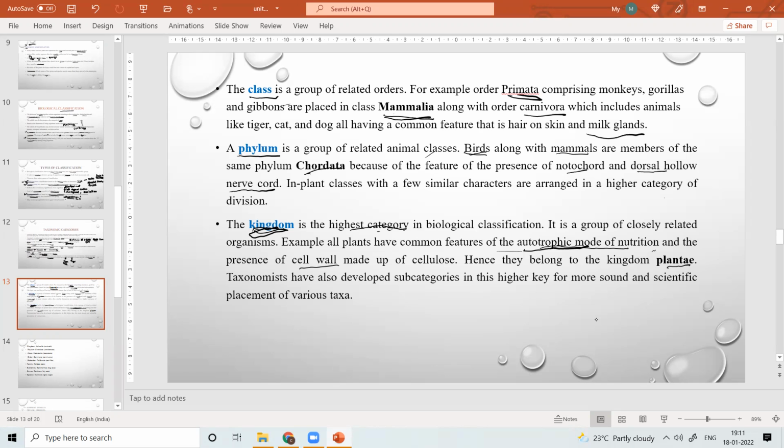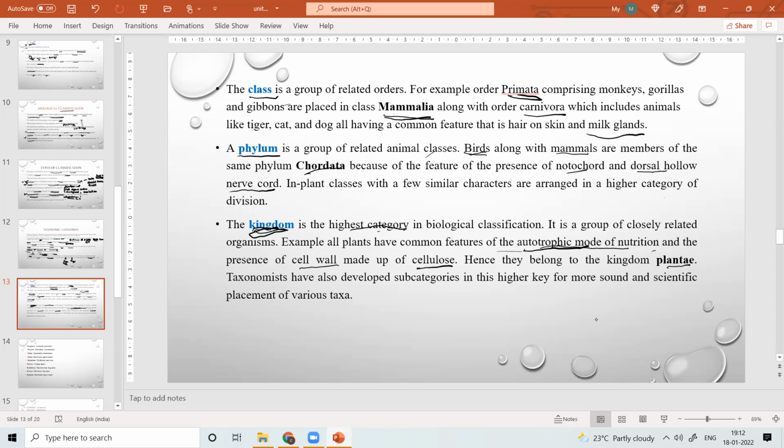No animal will have a cell wall, but all plants will possess a cell wall in their cells. These cell walls are made up of cellulose, which is the major component of the cell wall present in plants. So they belong to the kingdom Plantae.